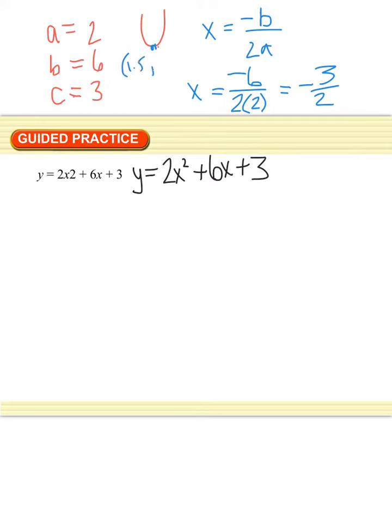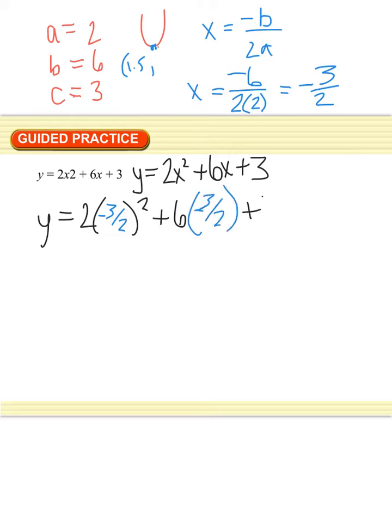Now we need to find our y. So we need to plug in our x value and solve for y. So don't forget order of operations.